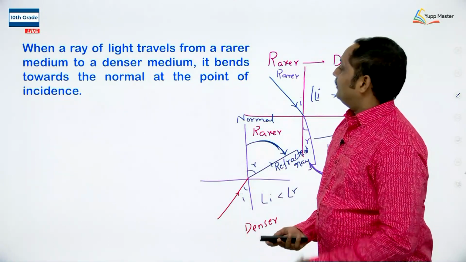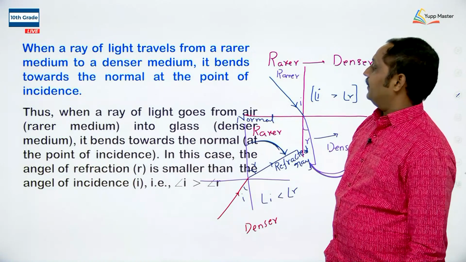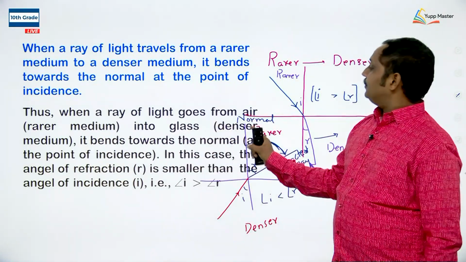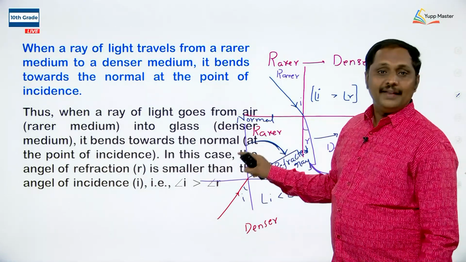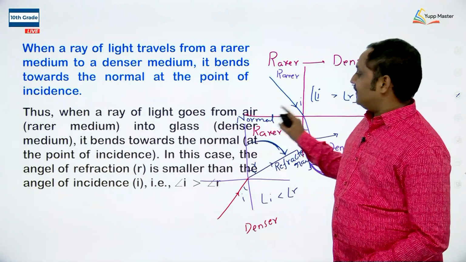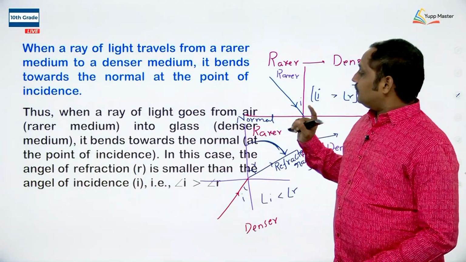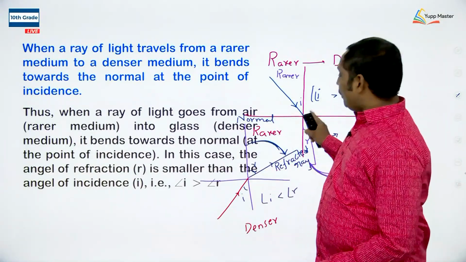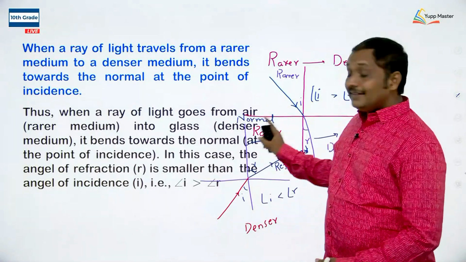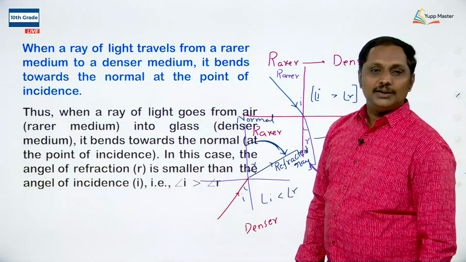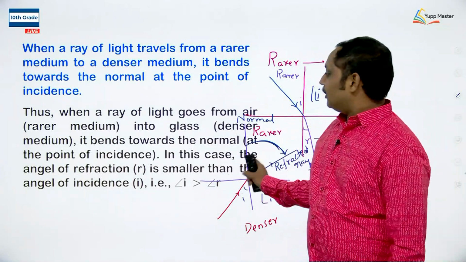Now, when a ray of light goes from air into glass, as compared to air, glass is denser, so it bends towards the normal at the point of incidence. In this case, the angle of refraction is smaller than the angle of incidence.